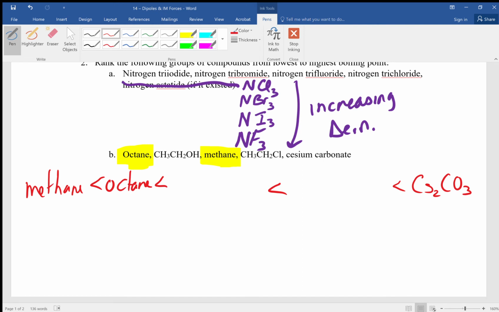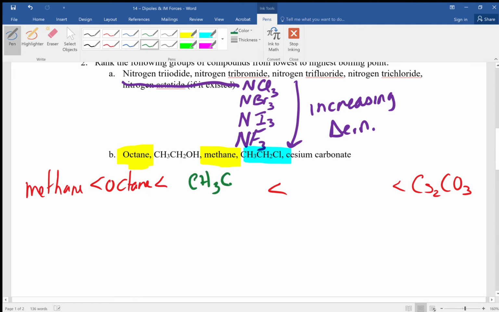Chloroethane has dipole-dipole interactions, whereas ethanol, because of the OH group, has hydrogen bonding. And we know that hydrogen bonding is a stronger force than dipole-dipole. So ethanol should have a higher boiling point when compared to chloroethane.